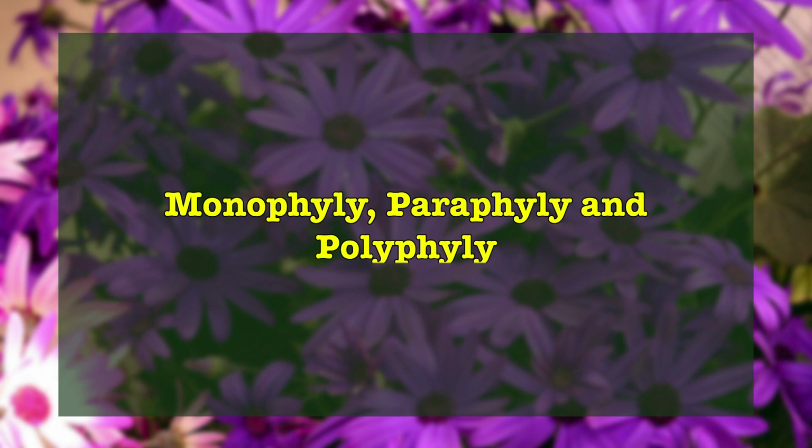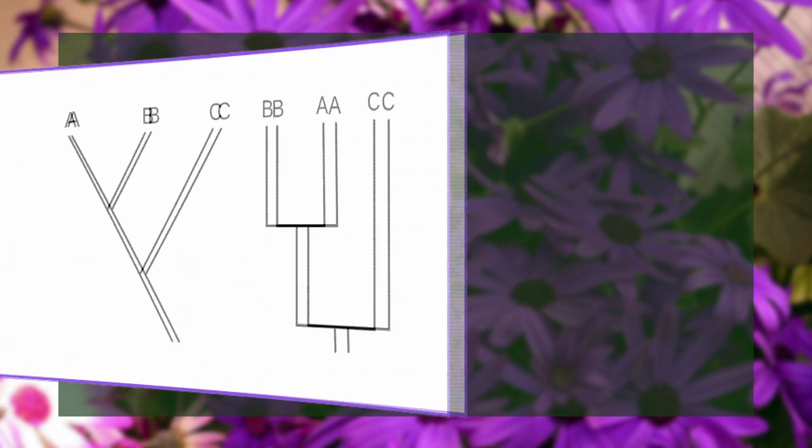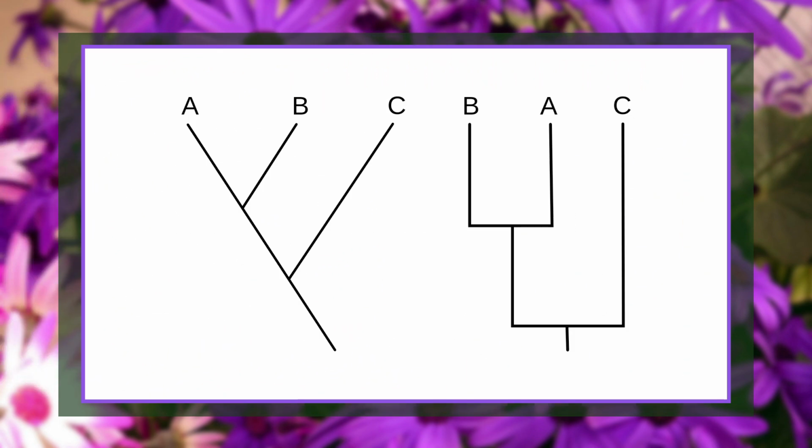Dear students, now let's understand the concepts of monophyly, paraphyly and polyphyly. Cladistics constructs cladograms, that is, branching diagrams to graphically depict the groups of organisms that share derived characters. Key to cladistic analysis is identifying monophyletic groups, that is, groups comprising a given species, all of the species' descendants and nothing else.